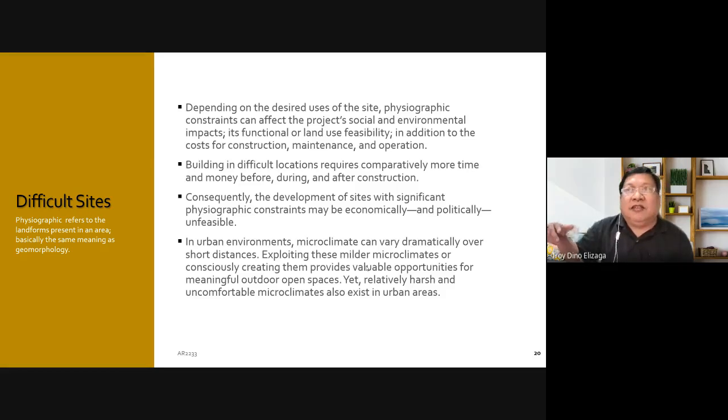So it's like we build an oasis in a desert. I think we have a tropical design subject in this curriculum, so these are things that are discussed in that course.